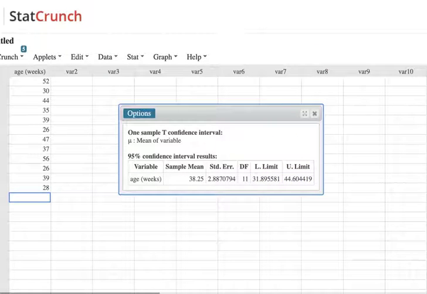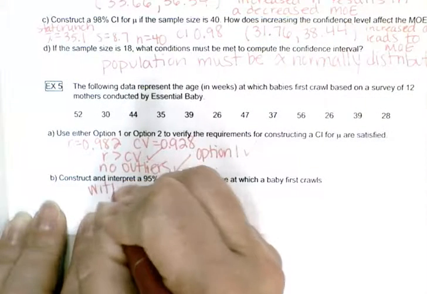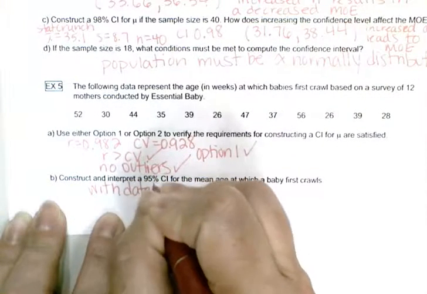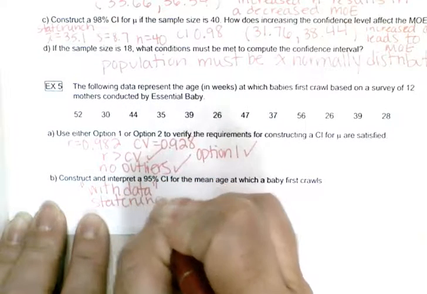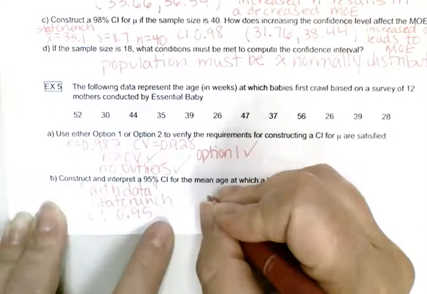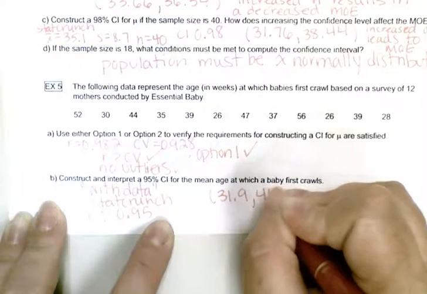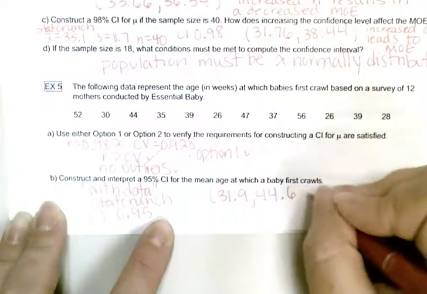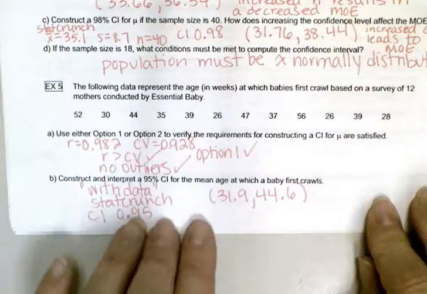So I put in, so with data in StatCrunch, and I used 0.95 for my CI, and my answer was 31.9 as the lower bound, 44.6 as the upper bound. And then it asks you to interpret.